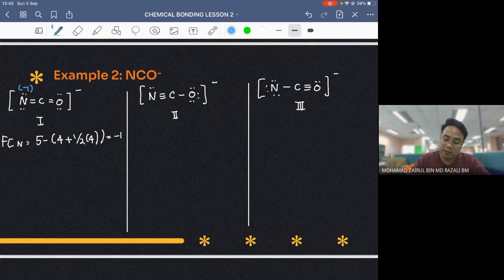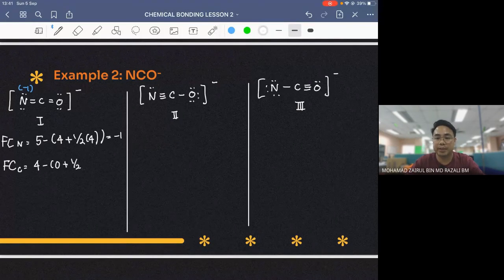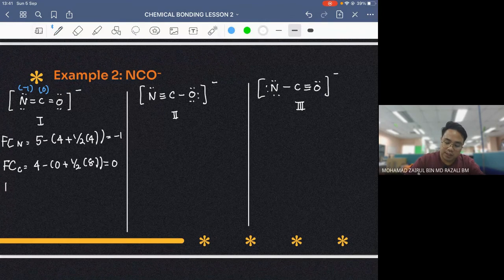Okay, and then we calculate the oxygen and the carbon. So the formal charge for carbon: 4, no lone pair, have 4 bonds surrounding the carbon. So the bonding pair is equal to 8 electrons, which gives 0. Okay, this one is 0. Calculate for the oxygen: the valence electron is equal to 6.